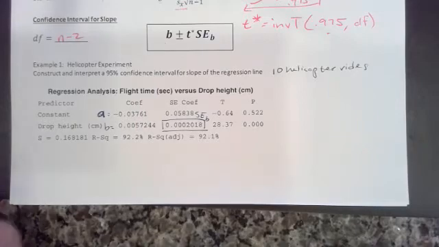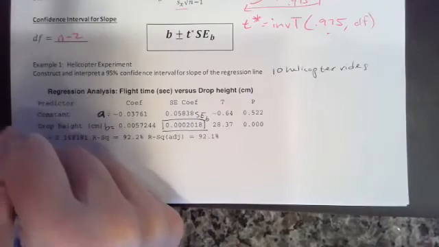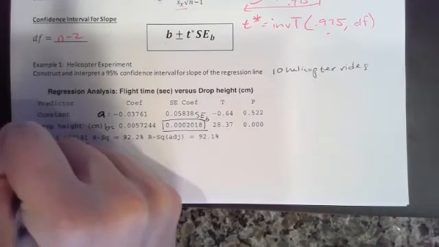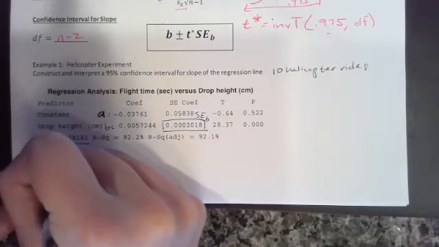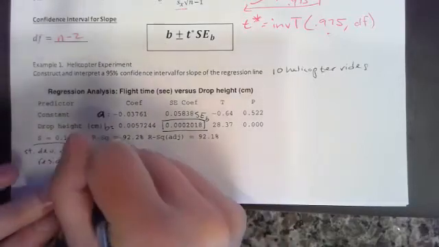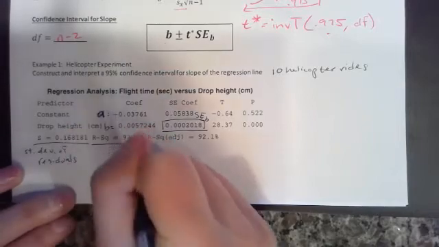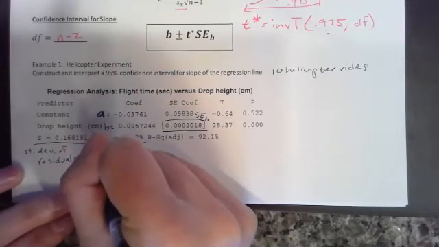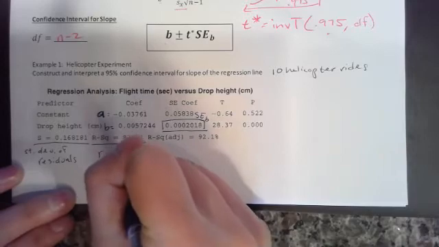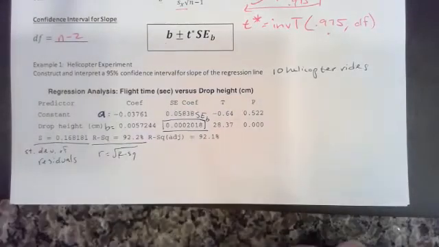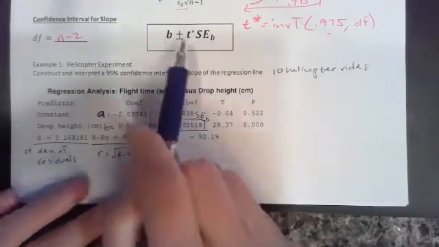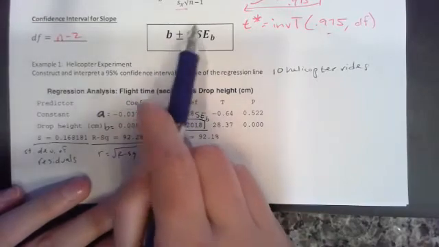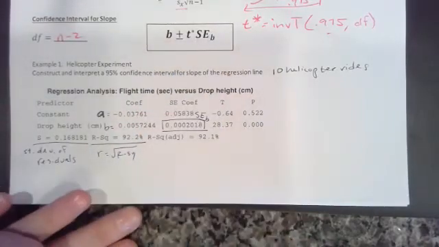Okay, we can find some other stuff here. For example, this is the standard deviation of residuals. This is r squared. You could find r by taking the square root of r squared. So what we really need to find here, though, is we know b, we need to find t star and the standard error of b.